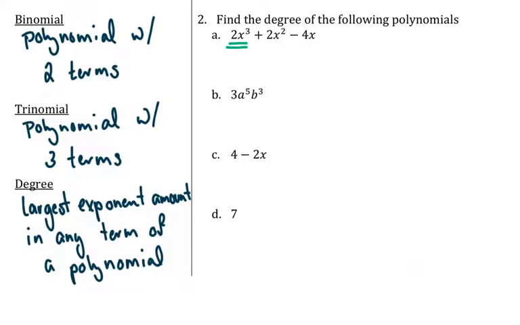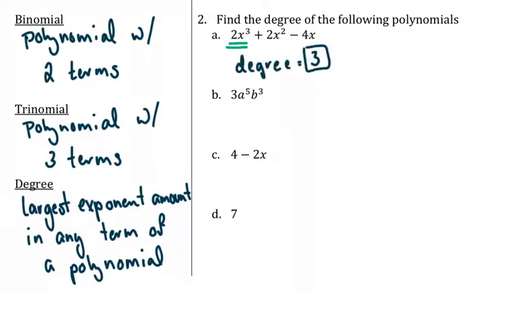And we can see here, even though these 2 terms don't have a 3 as an exponent, we call this whole thing a degree 3 polynomial because one of the terms has it. It's enough if just one term has that high of an exponent.